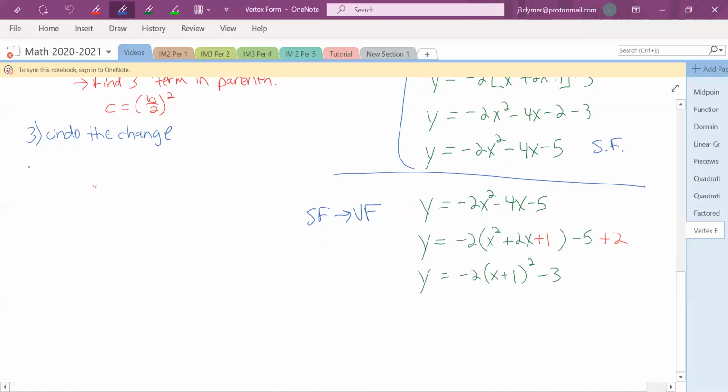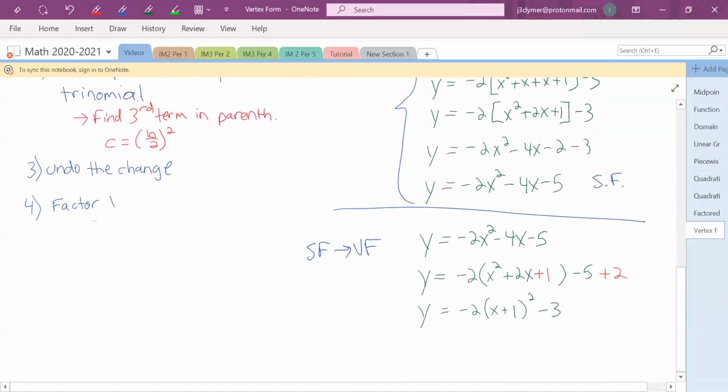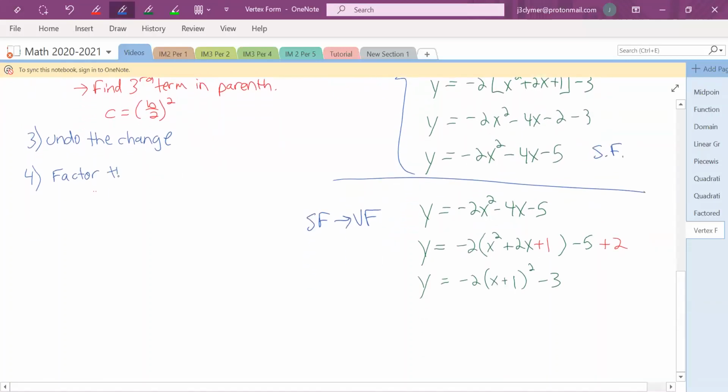And that makes it a lot easier to follow the rule as opposed to having to use like the X factor thing, or the magic X or special X or whatever you want to call that X thing. All right, so 4 is factor the special trinomial.